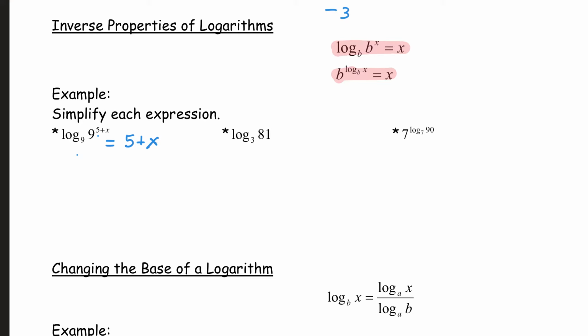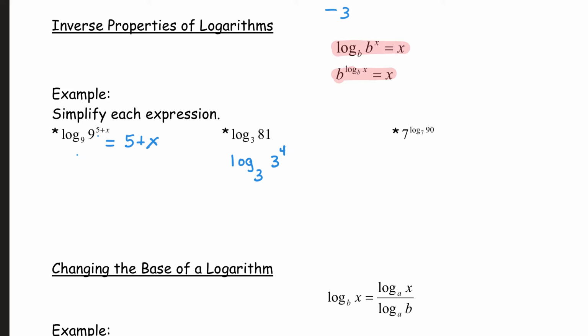The next one we have log base 3. So we're going to go ahead and do some manipulation. We know that 3 to the second power is 9. We know that 3 to the third power is 27. And we also know that 3 to the fourth power is 81.